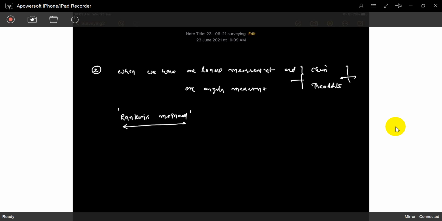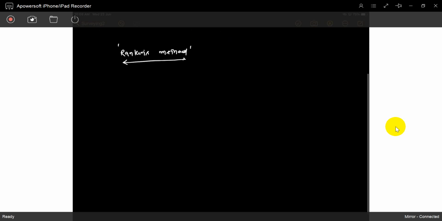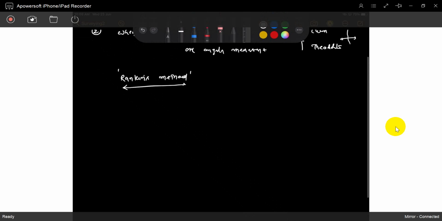How will we set this out by Rankine's method? Just see it. First I will give the assumptions.